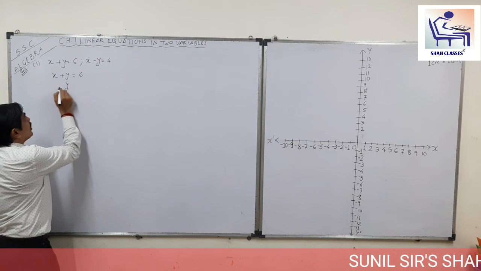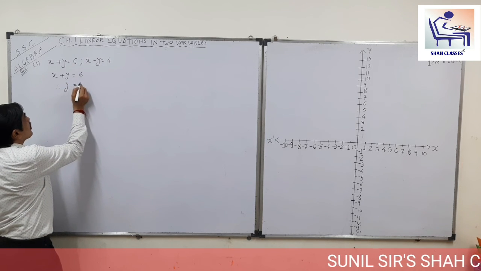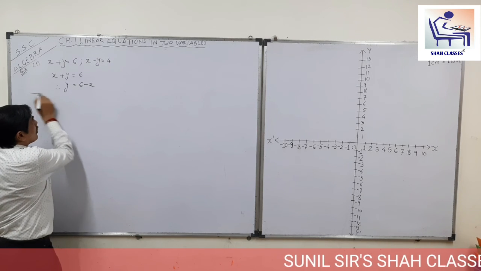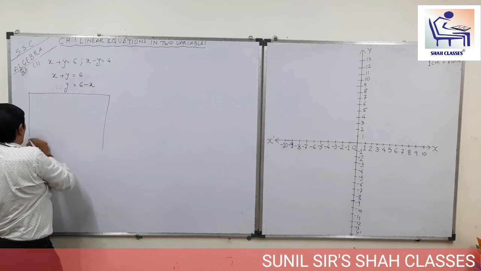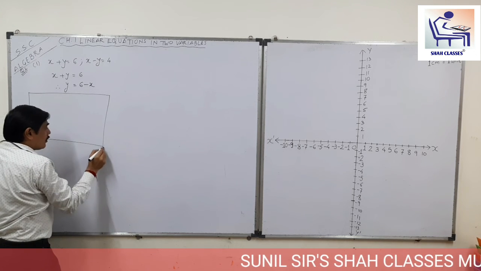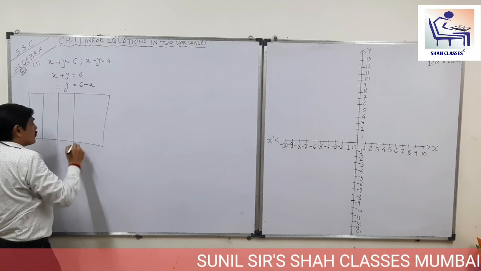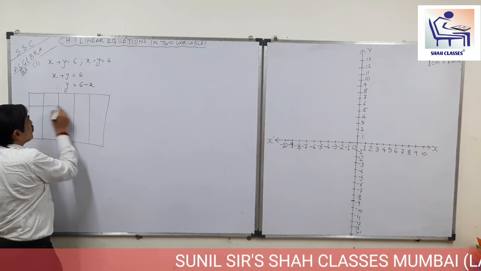First find the value of y. So here y is equal to 6 minus x, and now you have to draw the table with 4 points which you have to assume.